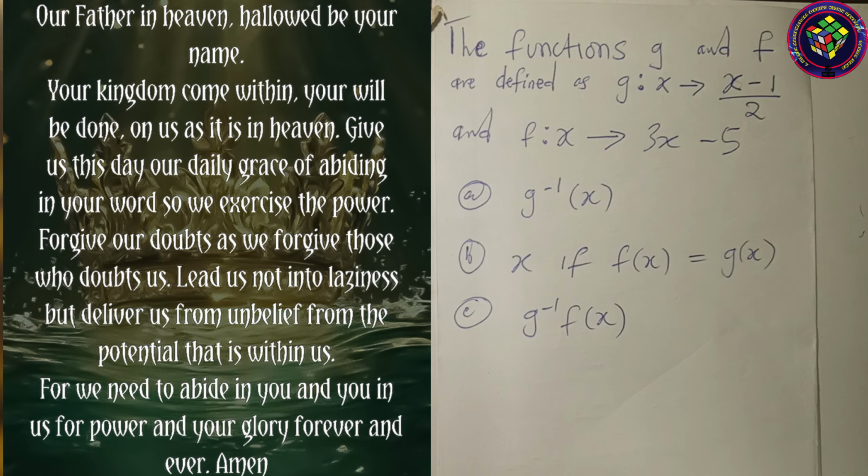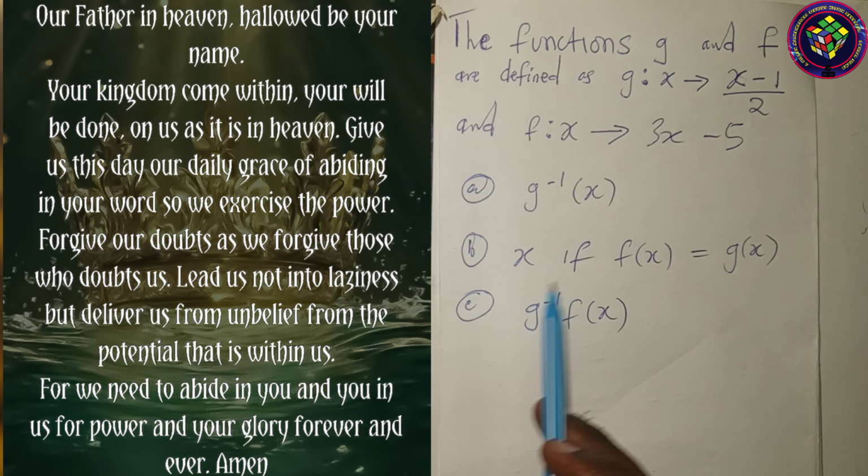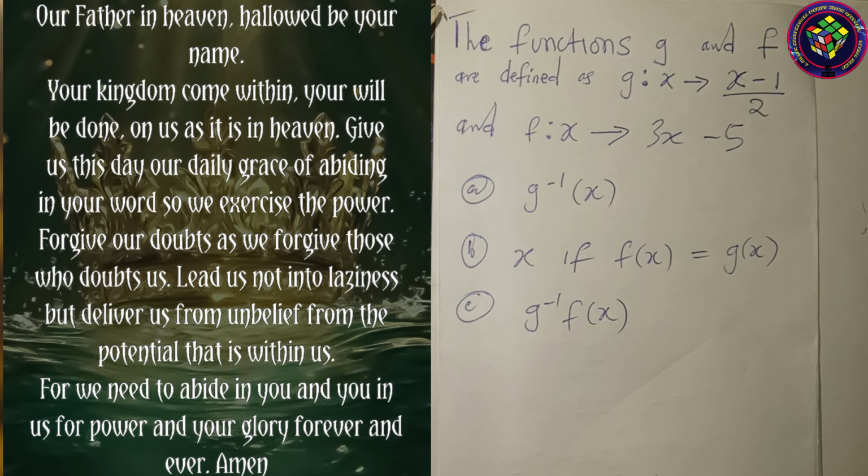G inverse of f of x. So here to the front we have g inverse of x. So in g inverse of x, where there is x, you put f of x. So what is our g inverse of x?